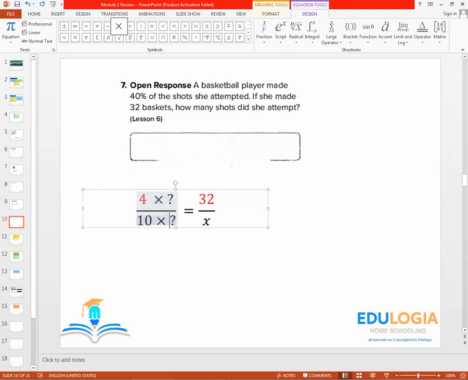Maimuna, can you help? Okay, waiting for your answer. 4 times what equals 32?